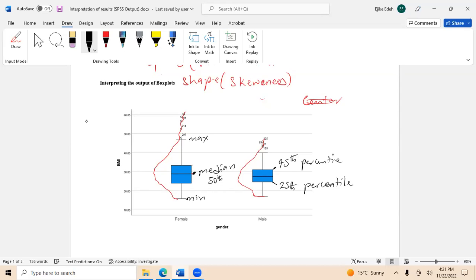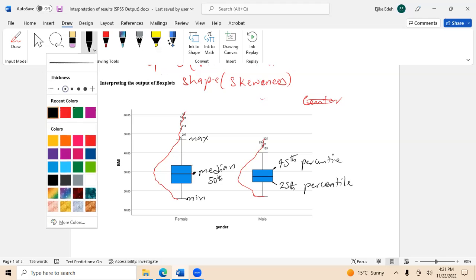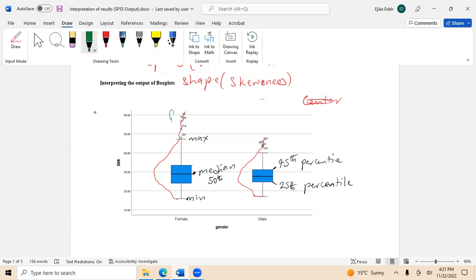You remember in chapter 2 we learned the 5-number summary, and that is what is represented by the box plot. But in addition, there is this section marked in green here, which represents data that are outliers.